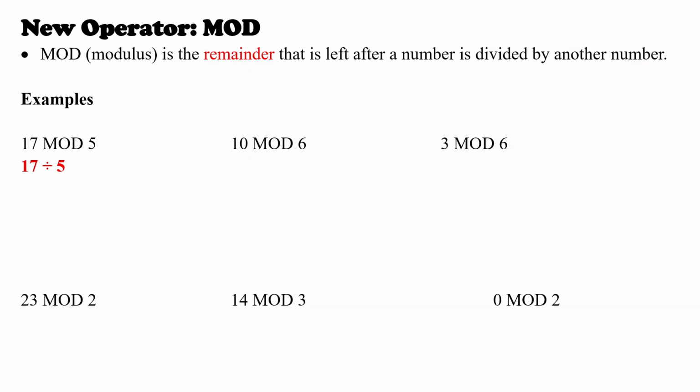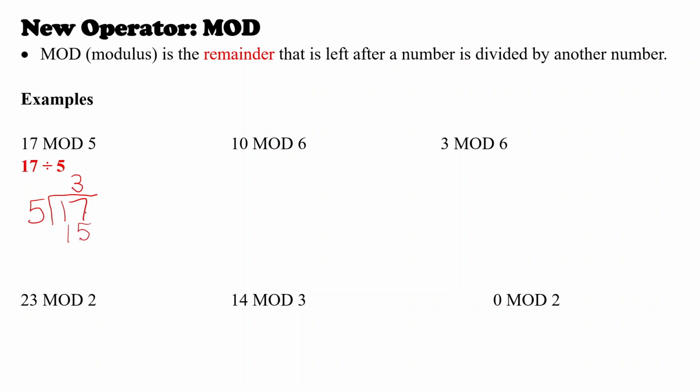So if you remember, and I'll just do this once here, 17 divided by 5, when you were in, what was it, like 3rd grade or 4th grade, remember you set up division problems like this, and it said, how many times did 5 fit into 17? Well, 5 goes into 17 3 times, right? 5, 10, 15. So 3 times 5 is 15.